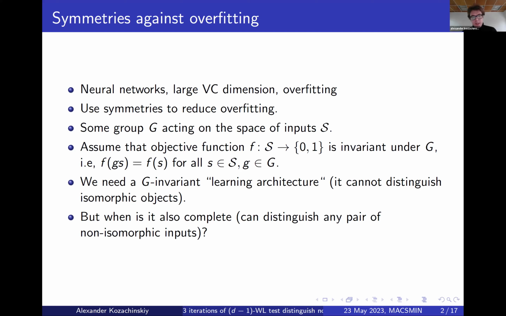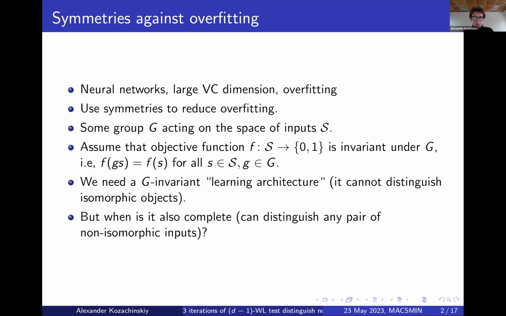If I act on some input by an element of the group, the value of the objective function doesn't change. To fight overfitting, we might try to construct what are called learning architectures that are G-invariant by default, so they already take into account the symmetries of the problem.